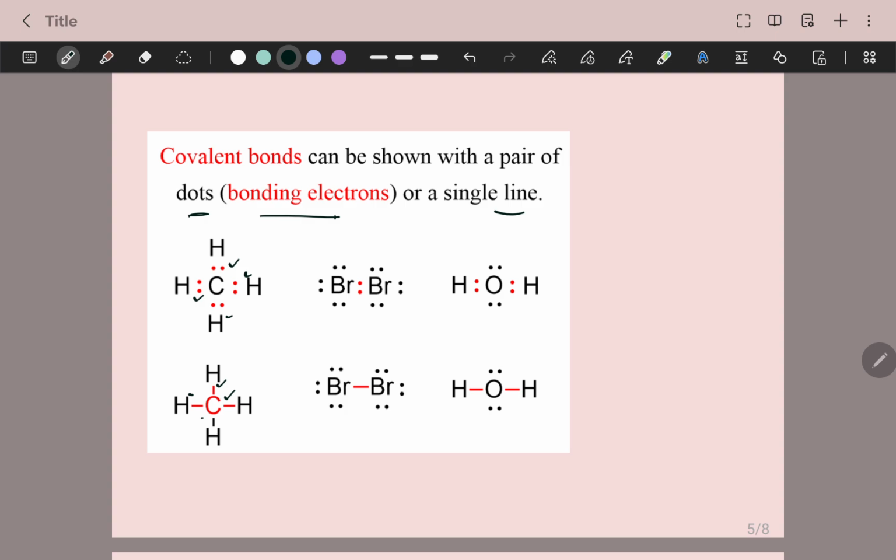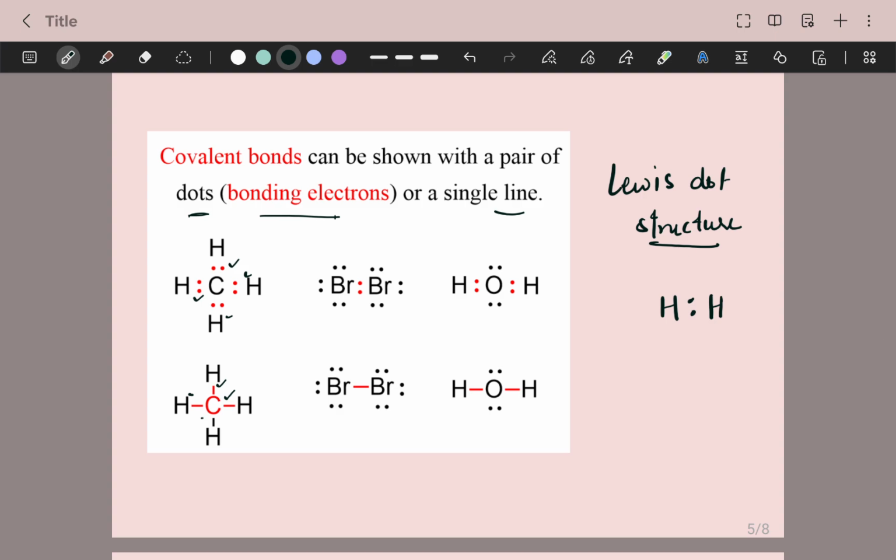Those also indicate, see, single line for single bond, double line for double bond. Clear? Okay. So you study the Lewis dot structure, right? In the Lewis dot structure, there is the symbol of an element surrounded by dots that represent the valence electrons. And here see the pair of electrons that is shared.